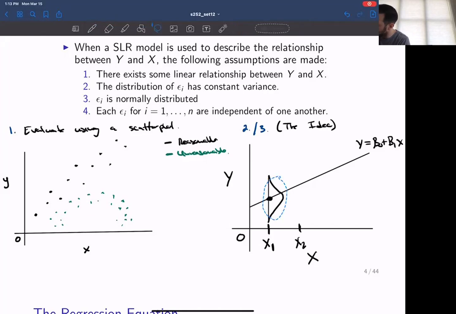So I'll just sketch it. Every time you change the value of X, you have the same variance, but you have a different mean. So you can see the mean is shifting with the value of X.